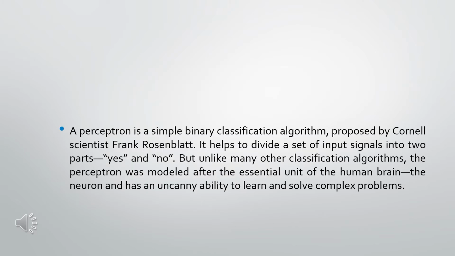The perceptron is a simple binary classification algorithm proposed by the computer scientist Frank Rosenblatt. It helps to divide a set of input signals into two parts, yes and no. But unlike many other classification algorithms, the perceptron was modeled after the essential unit of the human brain, the neuron, and has an uncanny ability to learn and solve complex problems.